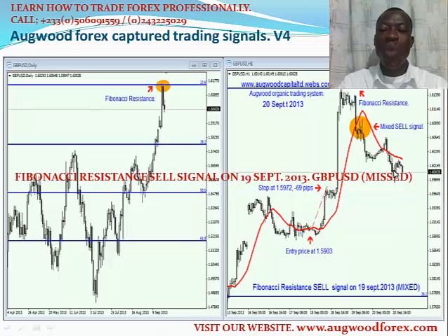This is where I'm supposed to quickly enter, but by the time I woke up in the morning, the price had already started falling. So this sell signal on the 19th of September on pound USD was a missed signal.